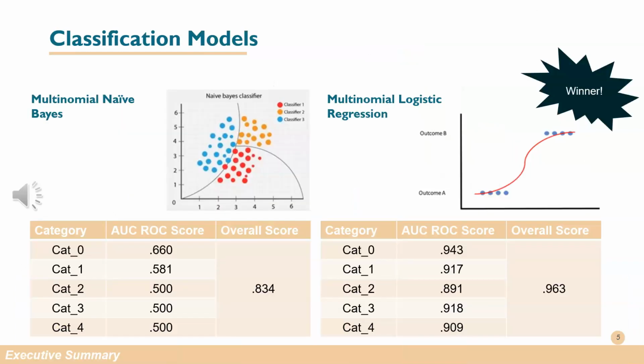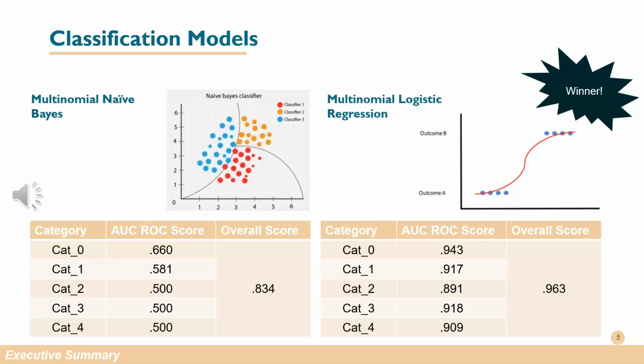Now that we have generated our topic categories using NMF, we then moved on to build our classification models. Classification modeling is a supervised learning technique in machine learning that involves predicting a category label or class for a given input data point.